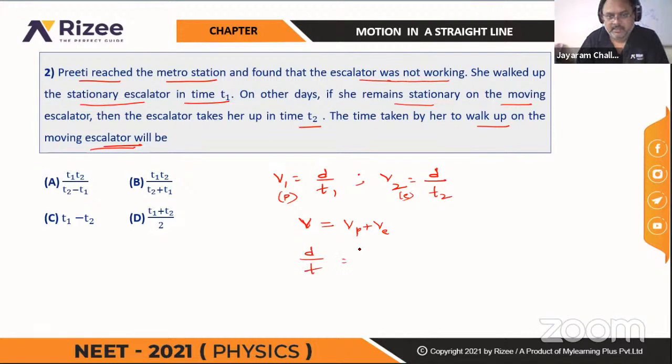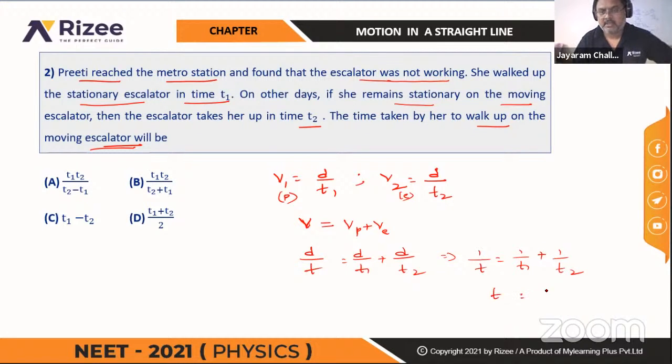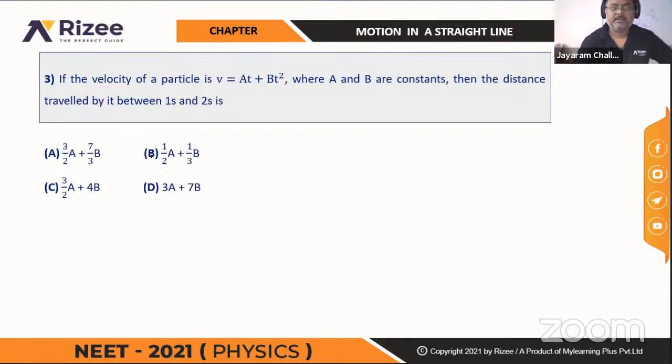That is d by t is equal to d by t1 plus d by t2, or 1 by t is equal to 1 by t1 plus 1 by t2. Or you can write that t is equal to t1 t2 by t1 plus t2. So option B should be the answer.